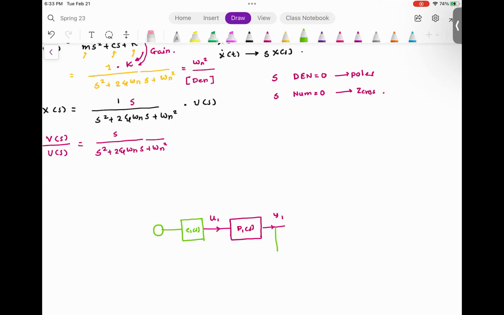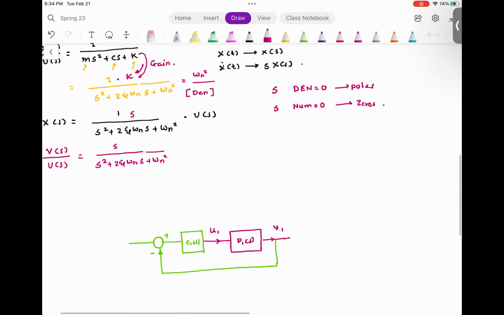Please understand, it needs to be a closed loop system, which means there has to be feedback. The feedback is unity, which means the feedback gain is 1. It's a negative feedback. So this is negative, this is positive. So this is my P1.